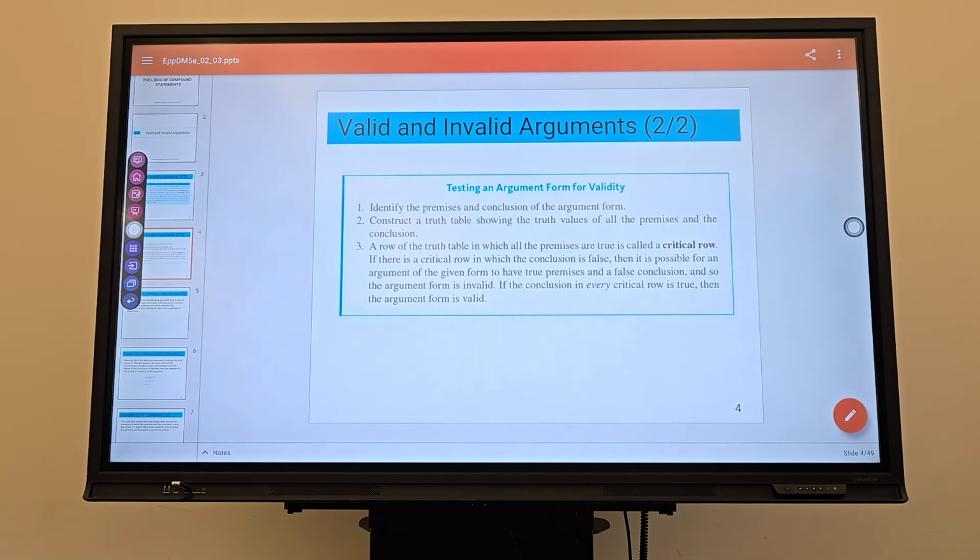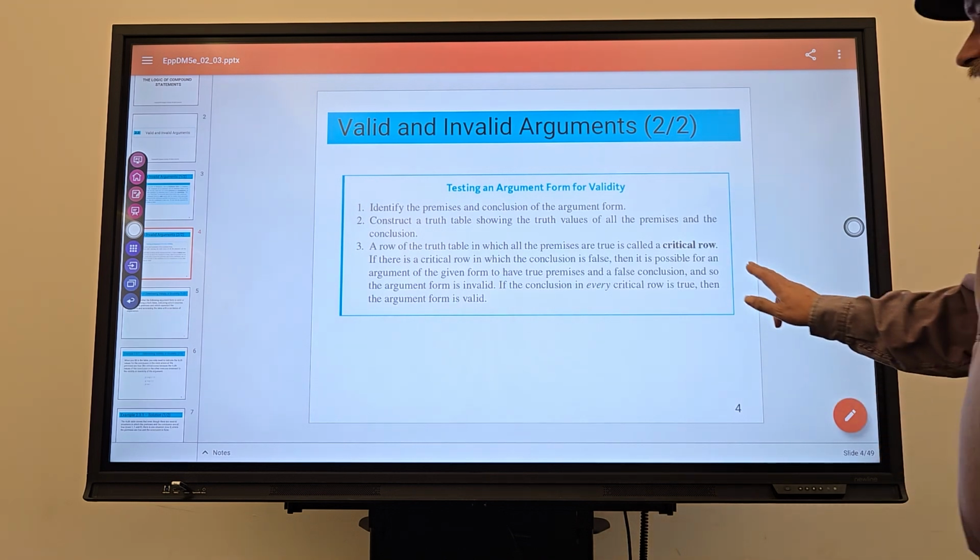If there is a critical row in which the conclusion is false, then it is possible for an argument of the given form to have true premises and a false conclusion, and so the argument is invalid. If the conclusion in every critical row is true, then the argument form is valid. So if all the premises are true and all the conclusions are true, then the argument is valid.